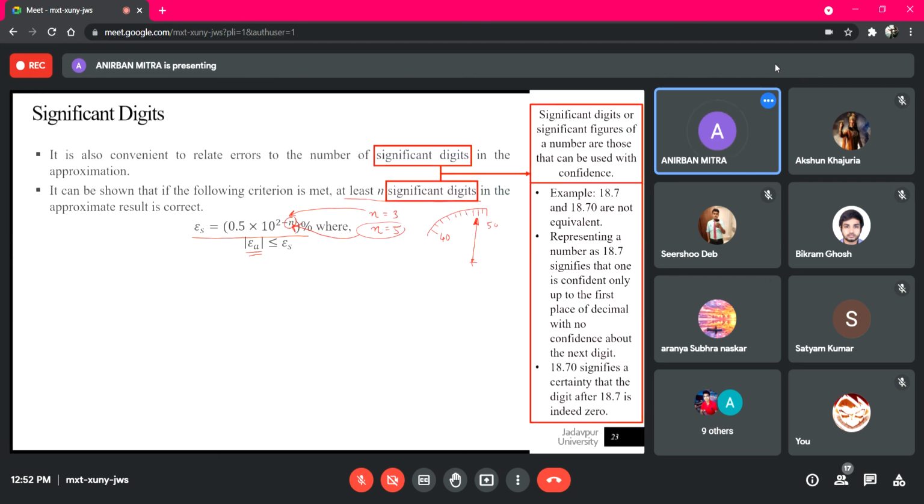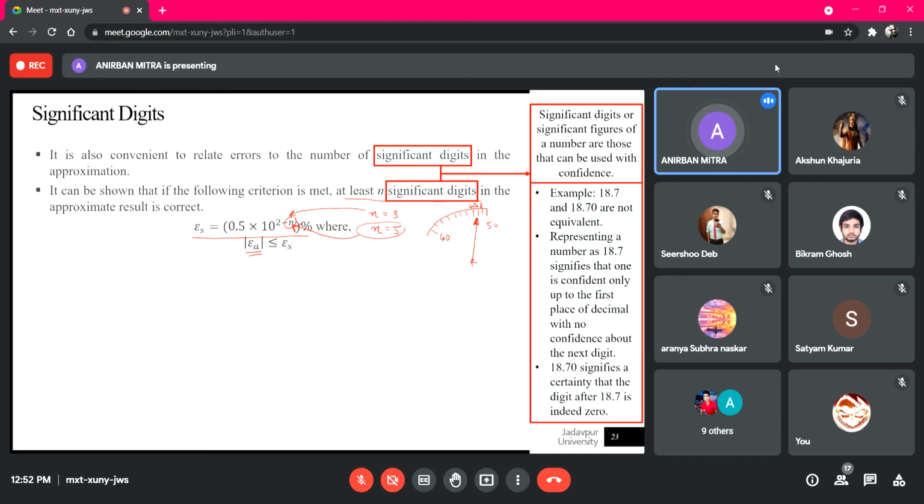Any answers? This is 48. 48. This is 47. By the way, this is not exactly 48. It is just before 48. Isn't it? So why didn't you say 47.9 or 47.8? Because you cannot say that with confidence.